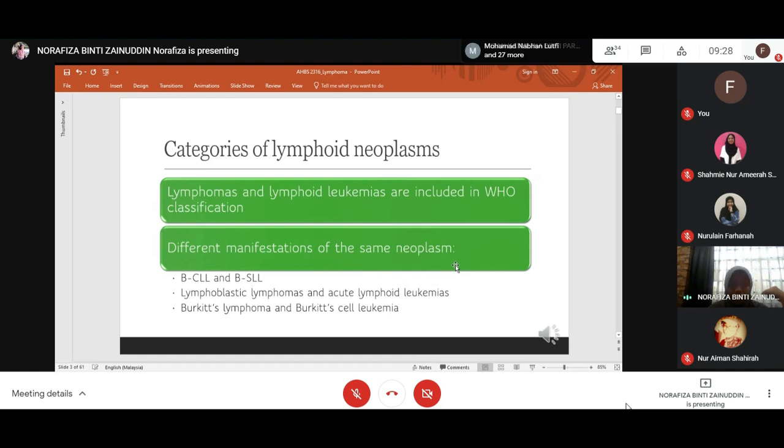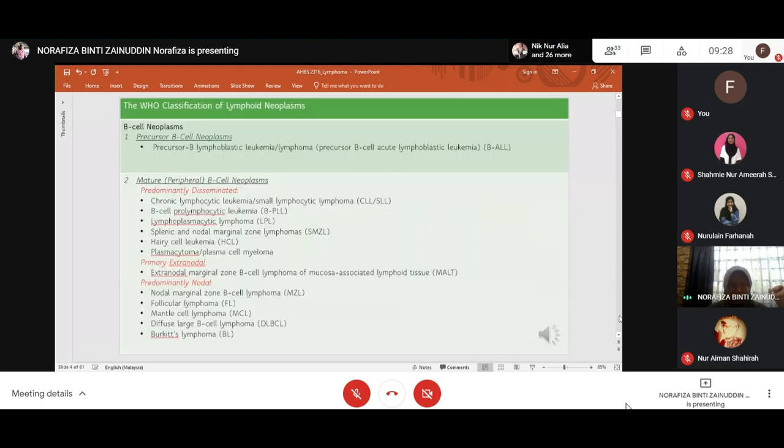There are lymphoblastic lymphomas and also acute lymphoid leukemias. There are also Burkitt lymphoma and also Burkitt cell leukemia. So both solid and leukemic phases are present in many lymphoid neoplasms, and the distinction is somehow almost artificial. So this is the whole classification of lymphoid neoplasms.